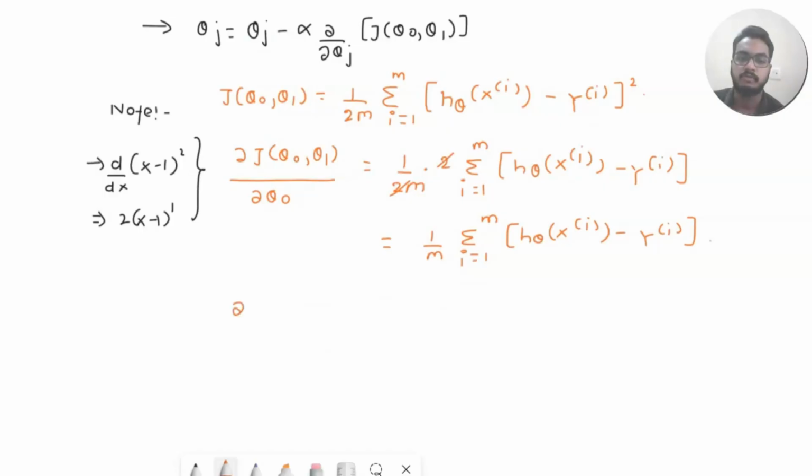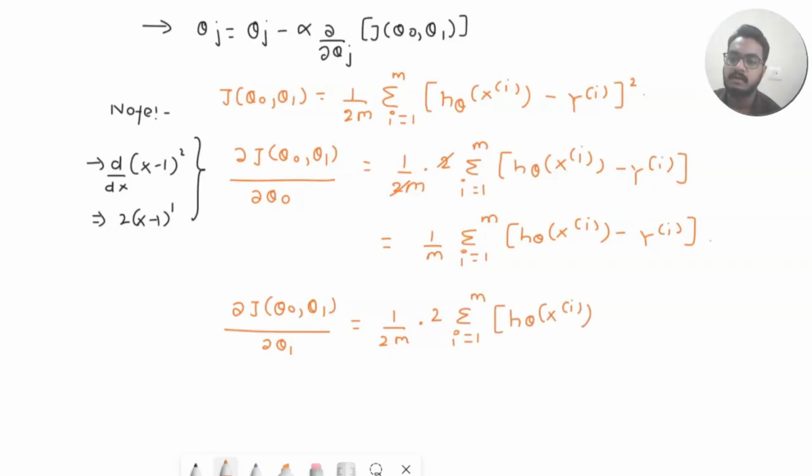Now, if we find the derivative with respect to theta 1, what will we get? 1 over 2m, correct? Again, 2 will be in front, summation going from 1 to m. Here we had h theta of xi minus yi, and one more term. The value of h theta of xi was nothing but theta 0 plus theta 1 times xi, correct?